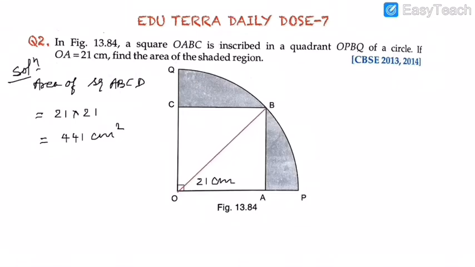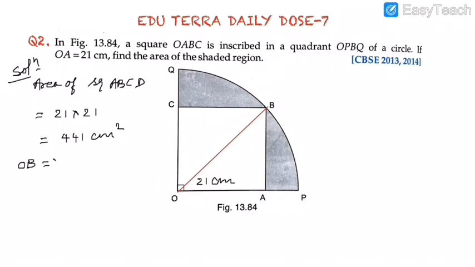Join OB, it will be the radius of the quadrant, and it is also the diagonal of the square OABC.